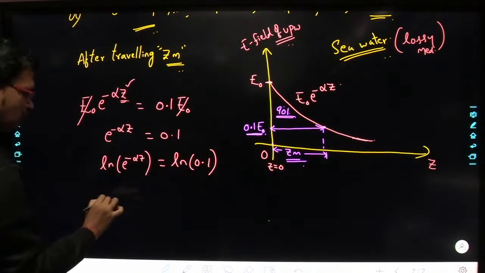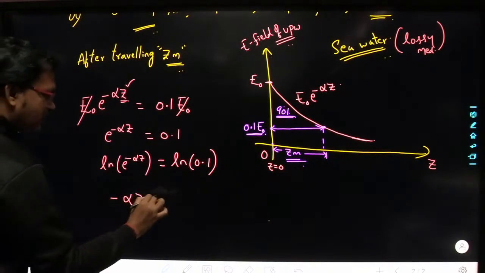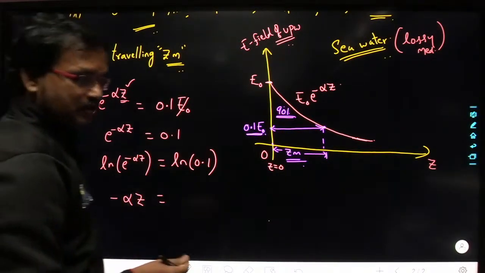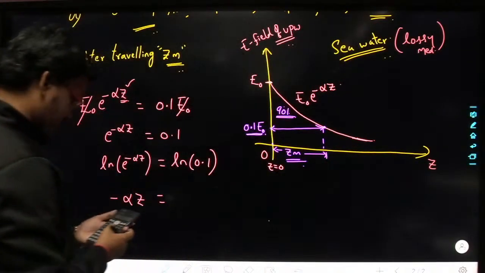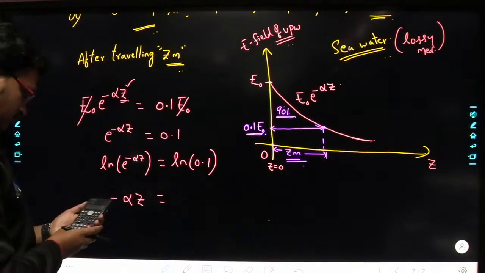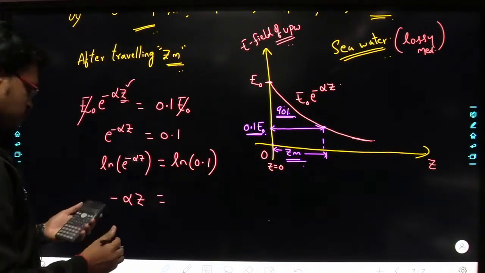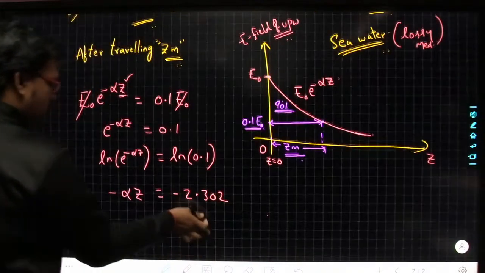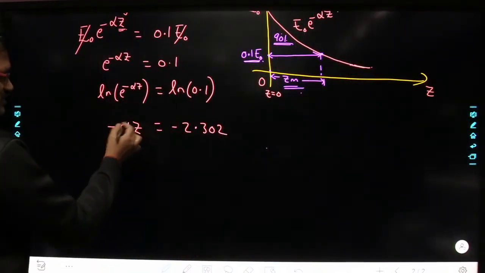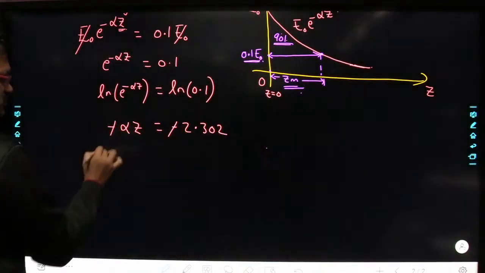So you get minus alpha z is equal to ln of 0.1. Ln of 0.1 is, I think, minus 2.302. We want to determine the z value, so this minus will get cancelled.